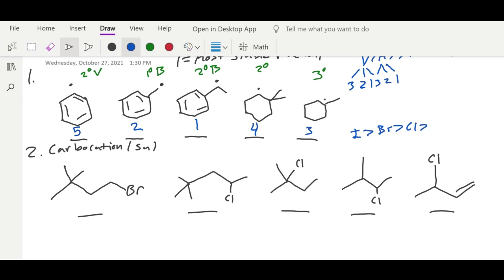Okay, and you can ask yourself, why is this the trend? Because iodine contains the largest mass or size, and that large size can hold that negative charge the best compared to fluorine. Okay, so remember, these are leaving groups. When they leave, they have to contain that negative charge. Iodine is the most ideal leaving group because it can stabilize that negative charge the best.